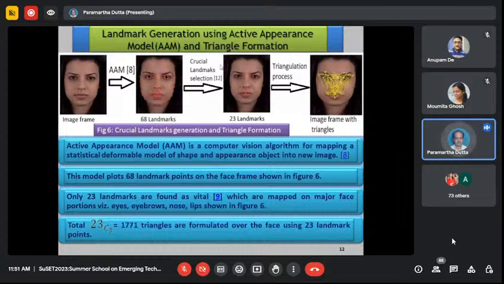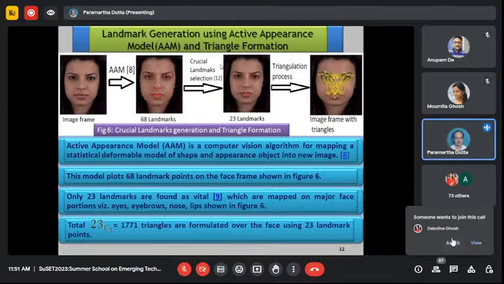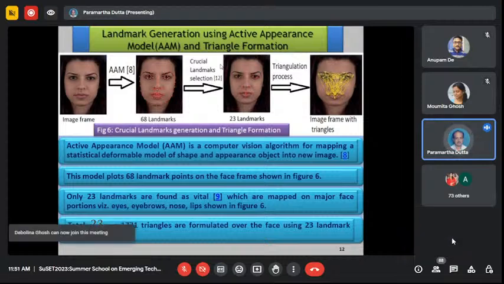This is yet another reporting, which basically downsizes the feature space from 68 points to 23 points. That is a very good contribution, because computationally dealing with 68 points and making all the analysis subsequently is extremely resource hungry.